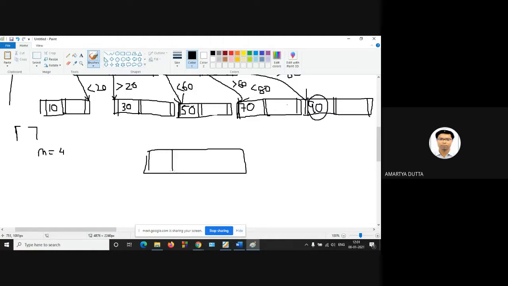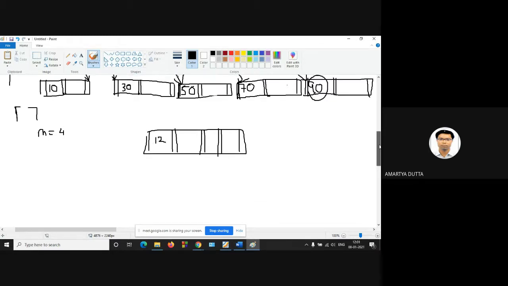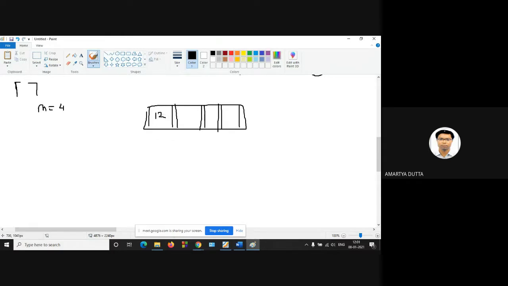Now 12 is the root. We know that root has minimum 2 children. It has 1 key, so 2 children will be there.